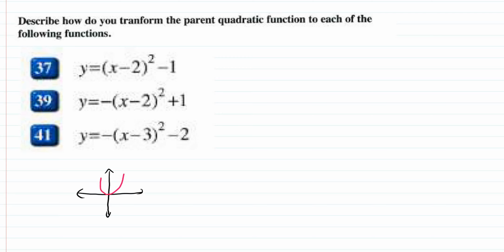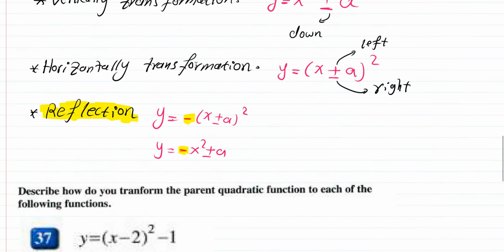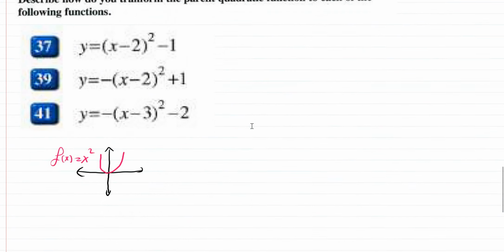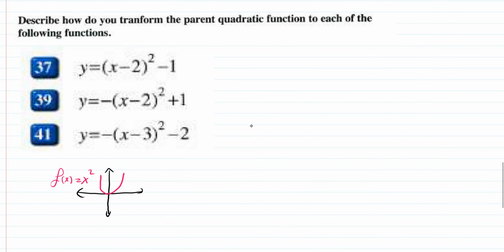This is the graph of f of x equals x squared. Then when you have x minus 2 squared minus 1, remember I explained it here, it is horizontal, vertical, of course horizontal. So this negative 2 will take the quadratic function 2 units to the right, because of the opposite sign.